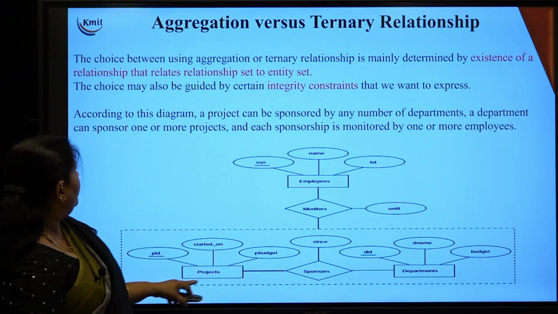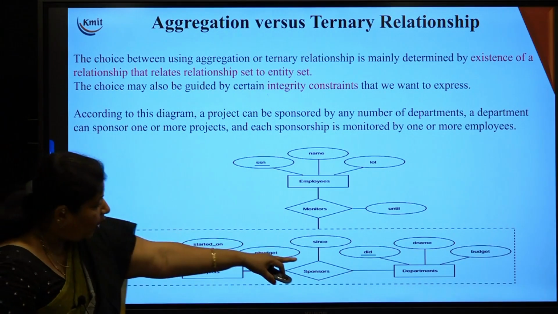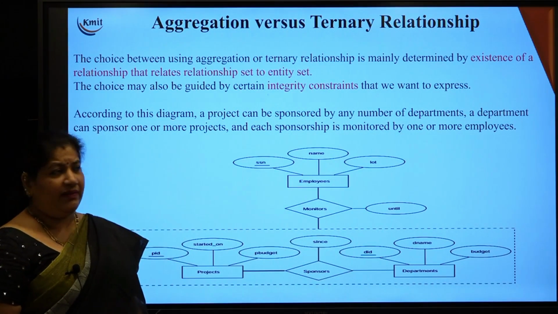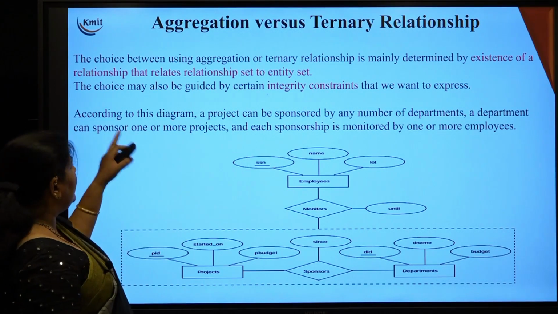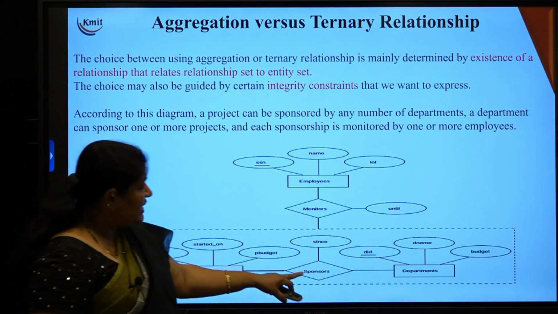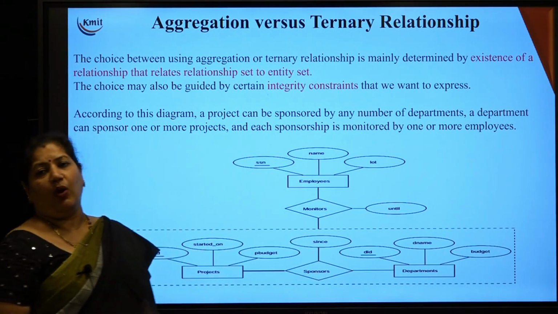Now consider this particular example. According to this diagram, a project can be sponsored by any number of departments, and a department can sponsor one or more projects, and each sponsorship is monitored by one or more employees.